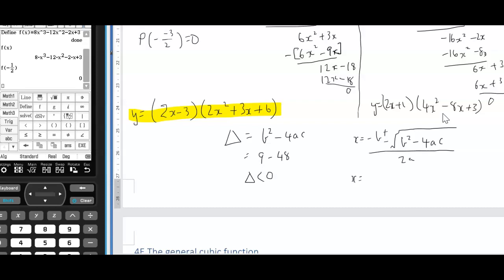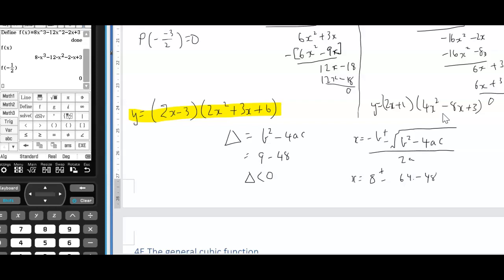Now b is negative 8, so it's going to be positive 8, plus or minus b squared is 64, minus 4 times 4 is 16, times 3, 16, 32, 48.